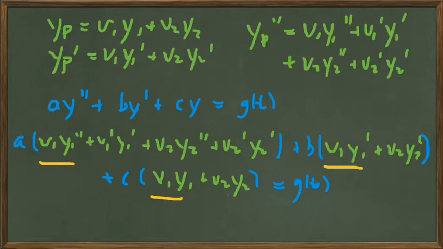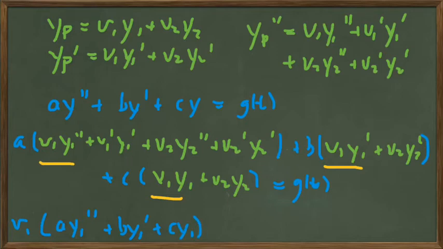And so if we write that out, let's factor out the v1. So it's v1 times a y1 double prime plus b y1 prime plus c y1.